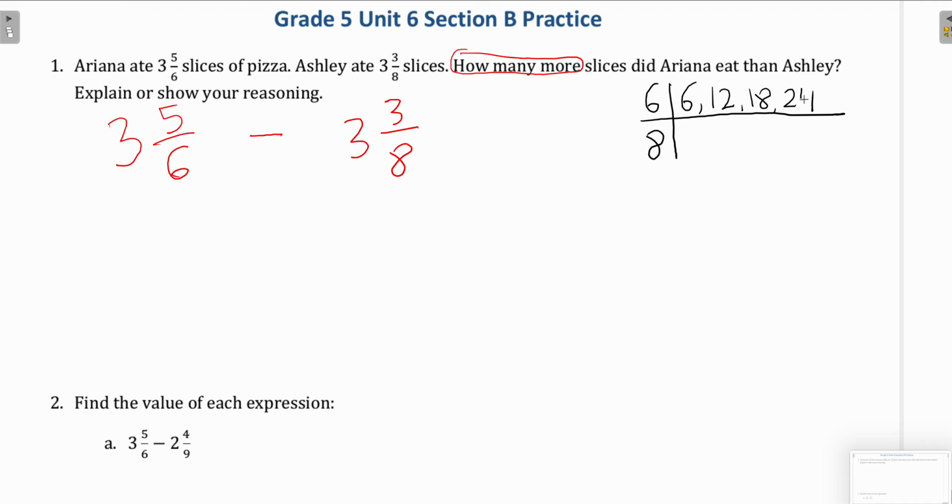And I want to stop right here because I already know that 24 is going to be over here. So 8, 16, 24. So 24 is the least common multiple.